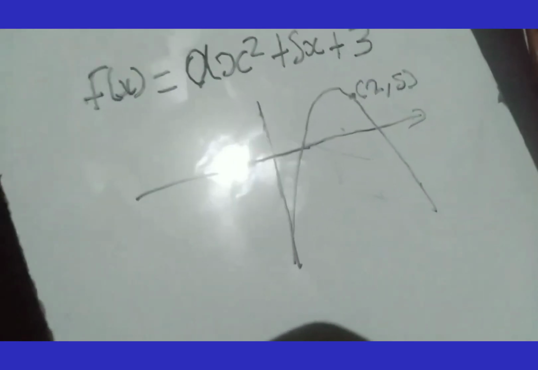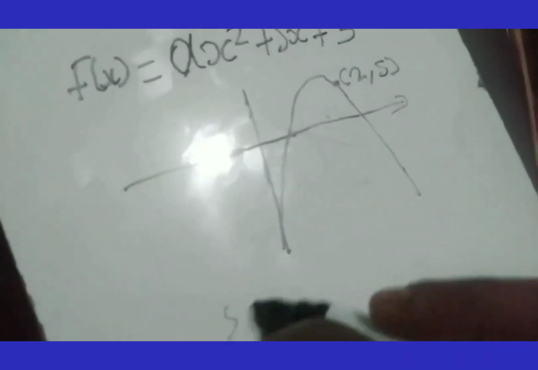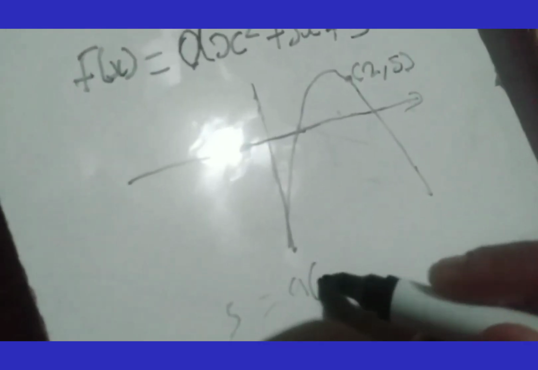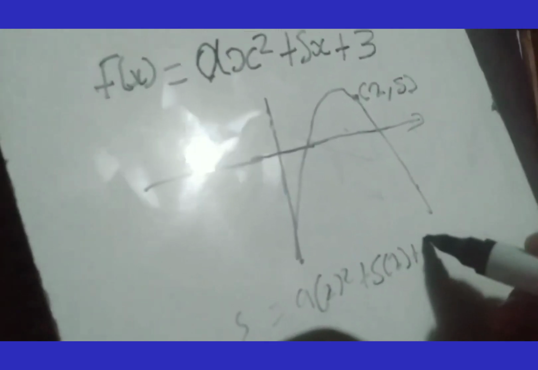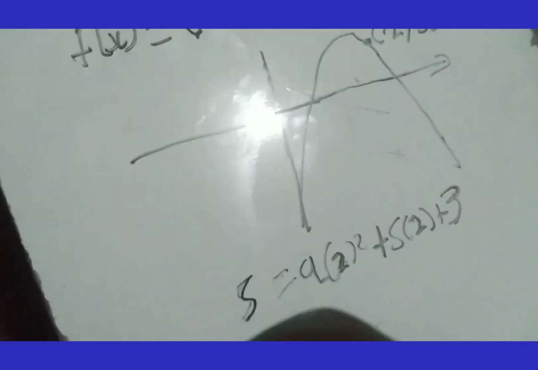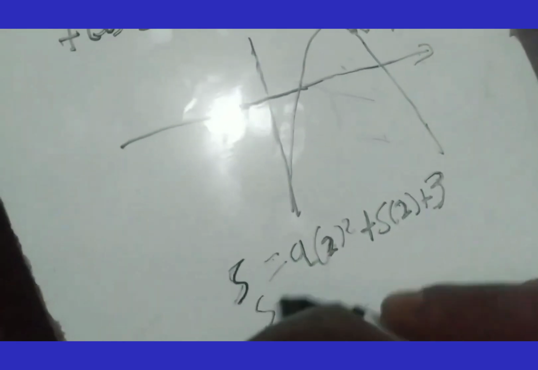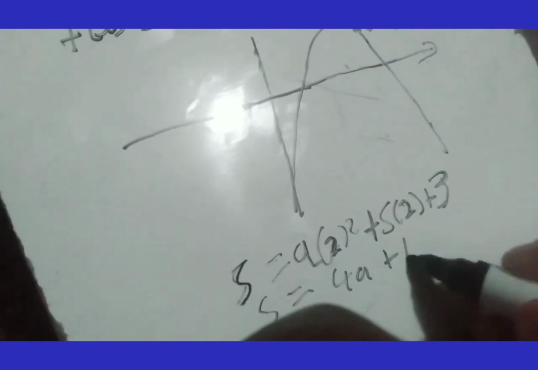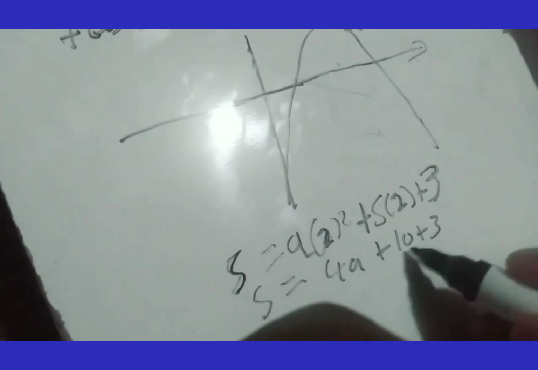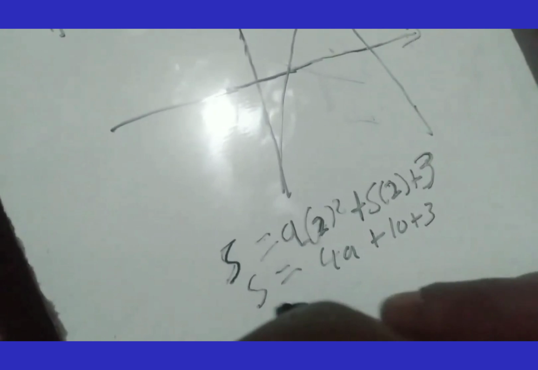So we're going to say 5 is equals to A into 2 squared plus 5 into 2 plus 3. And this is going to give you 5 is equals to 2 squared is 4. So it's going to be 4A plus 10 plus 3. And 10 plus 3 is 13. So it's going to be 5.